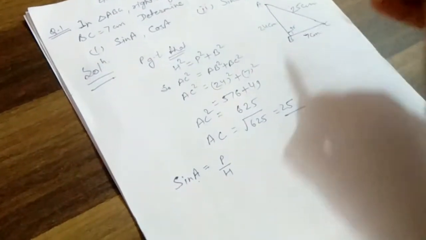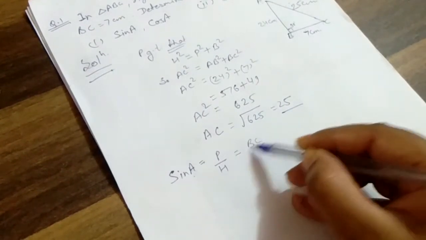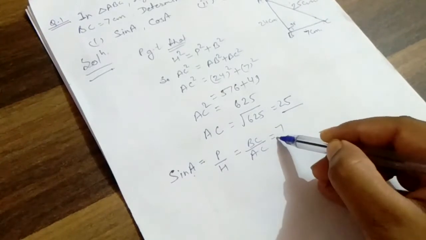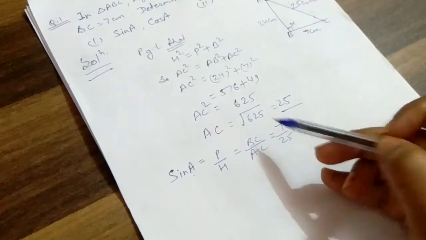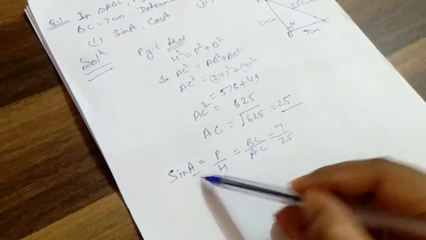So for sine, perpendicular is BC and hypotenuse is AC, so BC is 7 and AC is 25. Now similarly we can calculate cosine for angle A.